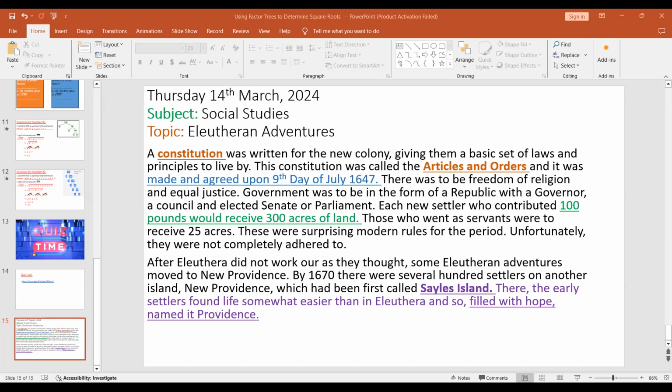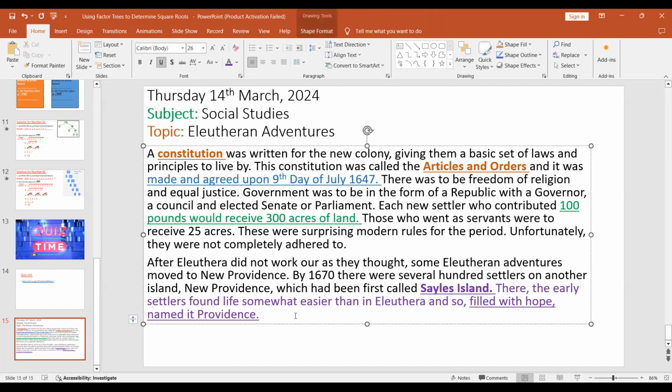All right. So they named it Providence because this place was much better than Eleuthera. It was a place whereby their needs were met and they were able to live and thrive, right? So our island has a pretty nice name, right?